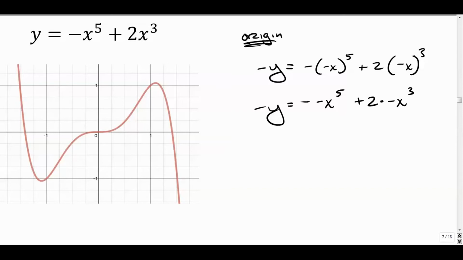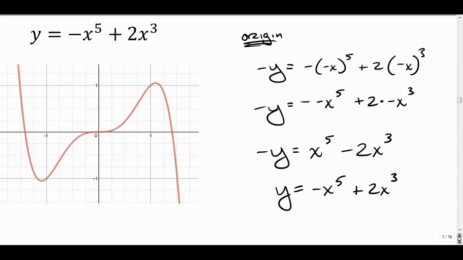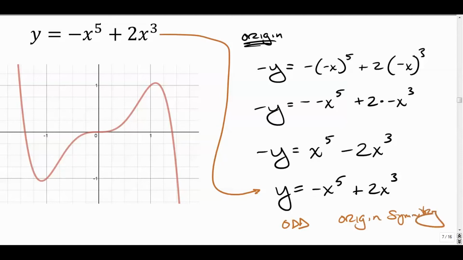I'm basically just getting rid of the parentheses. Minus minus, of course, is a plus 2x to the third. And I'll get rid of that negative out here. So I have minus x to the fifth plus 2x to the third. And what do you know? It's exactly the same as I started. So this is an odd function that has origin symmetry. In other words, everything is sort of spun around that point 0, 0.